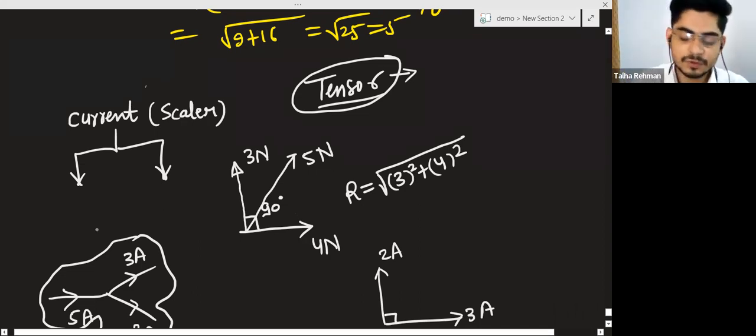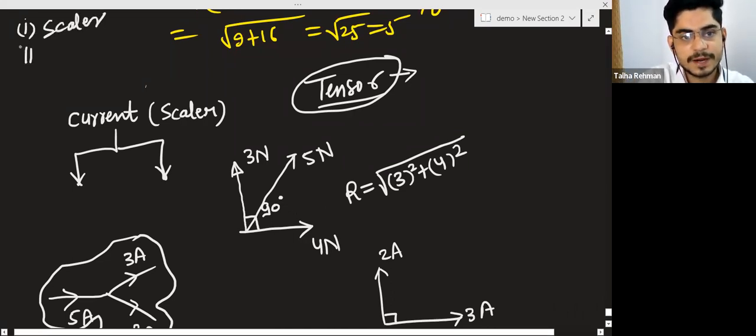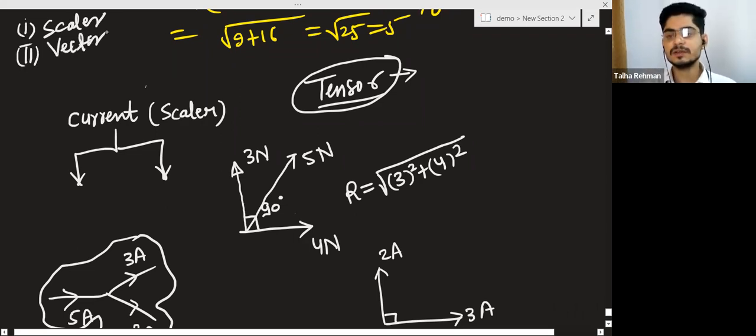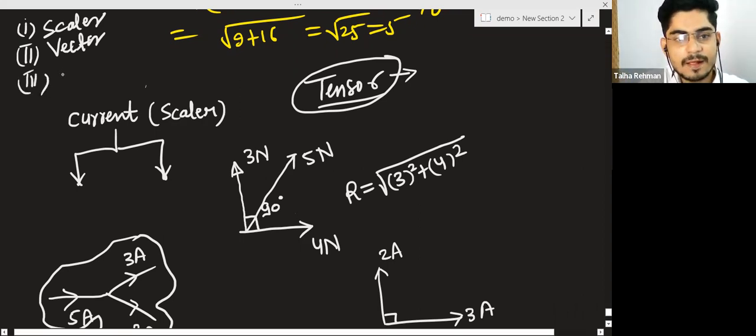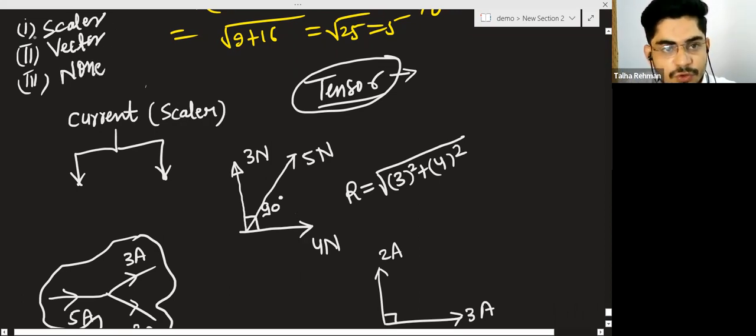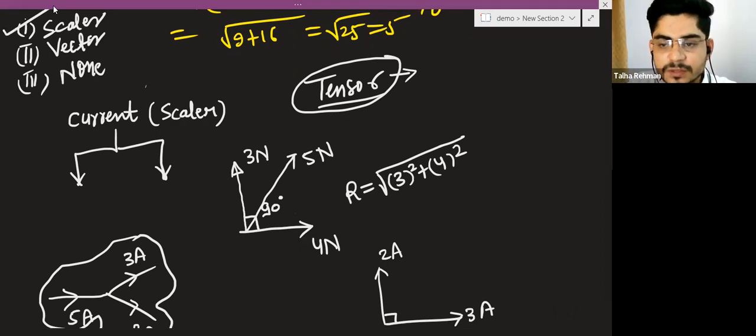If you are given the options, first option is scalar, second is vector, and suppose someone is asking what is current. If the third option is none of these, you will take this option, as it will be more correct.